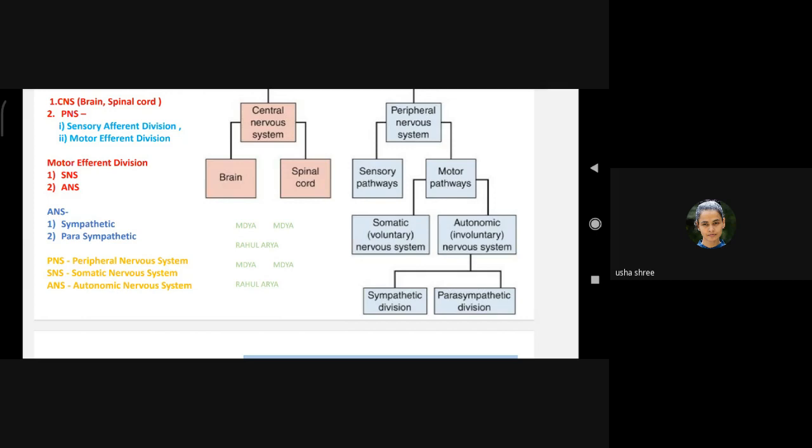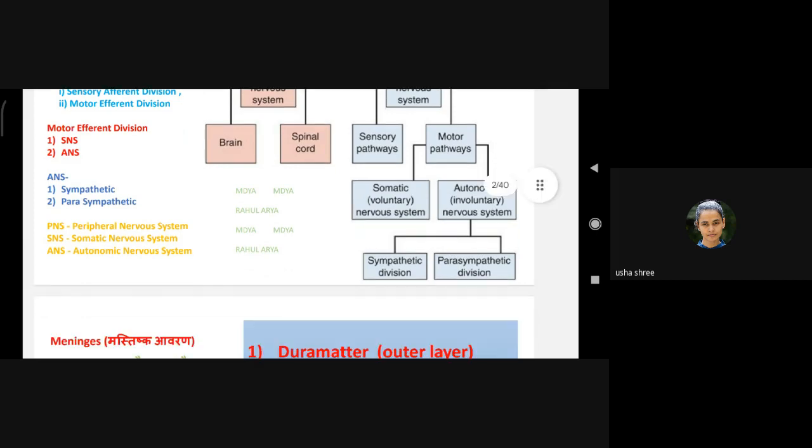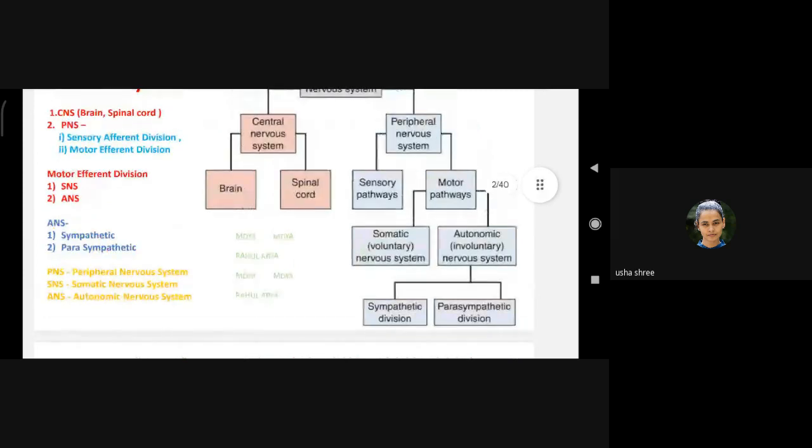So parasympathetic system is also known as rest and digest, and sympathetic system is also known as fight or flight. Means sympathetic nervous system will be active when any enemy came in front of you, and either you have to fight with that enemy, or you have to fly away from that place, right?